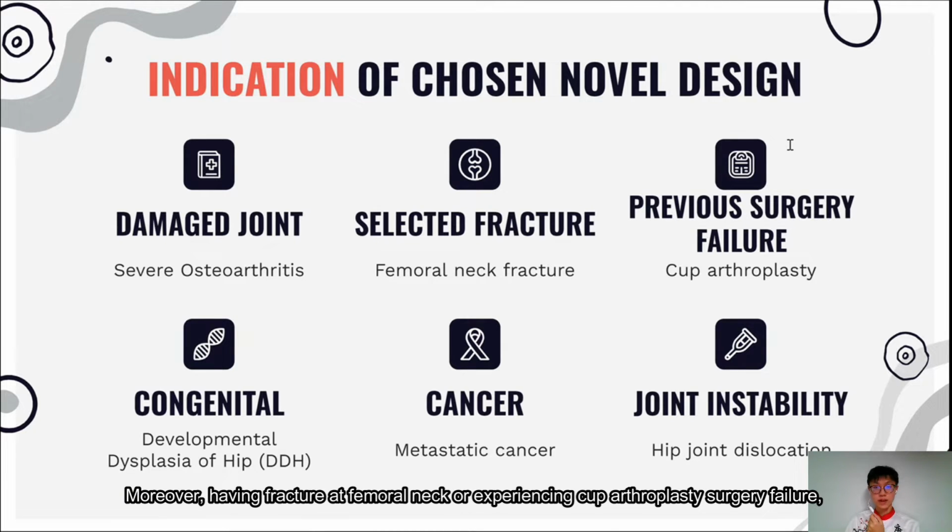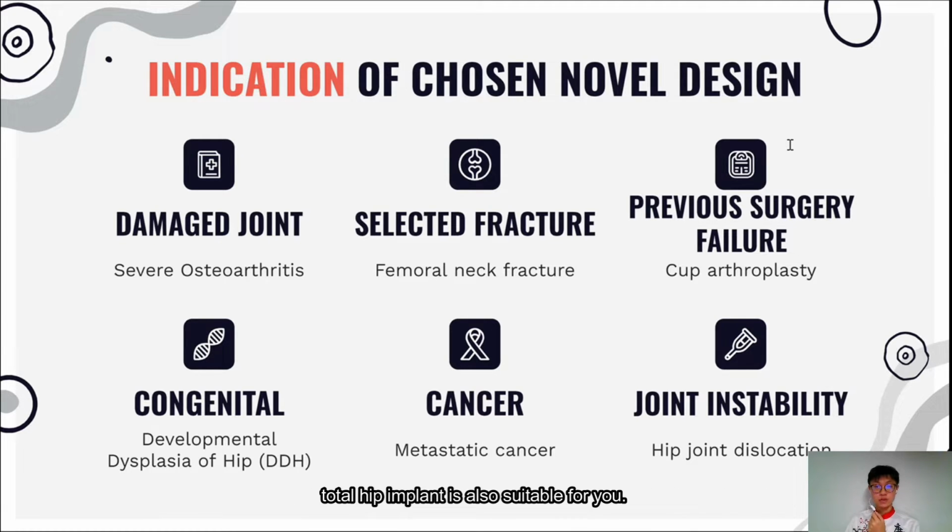Moreover, having a fracture at the femoral neck or experiencing cup arthroplasty surgery failure, total hip implant is also suitable for you. Besides, total hip implant is also beneficial for individuals with congenital hip disease like developmental dysplasia of the hip, DDH, metastatic cancer, or who suffer from hip joint instability.